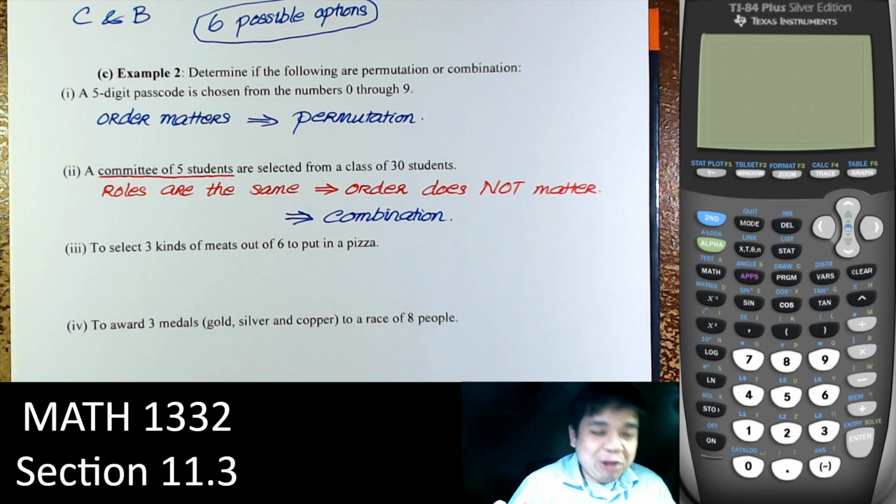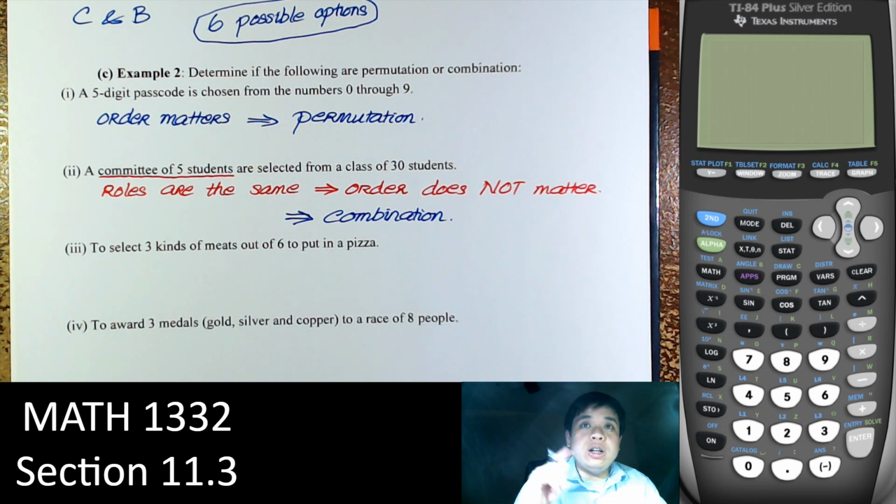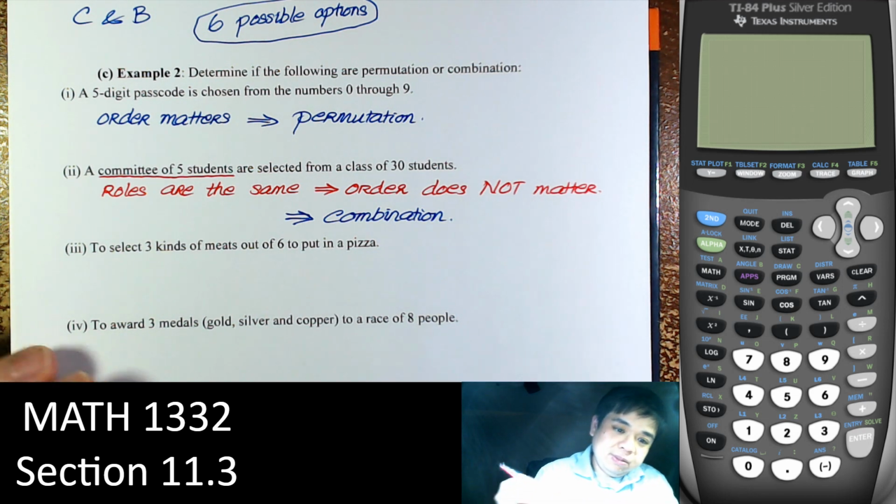I would just assume that you order your pizza online and you choose 3 kinds of meat out of 6. In that case, you don't care how the chef will put the meat on the pizza. As long as you have those meats, that will be fine. So again, order does not matter. That's a combination.